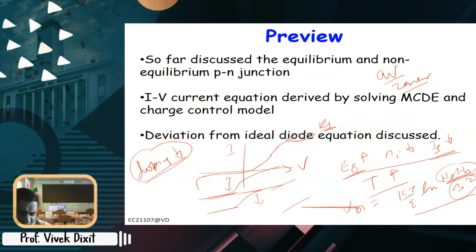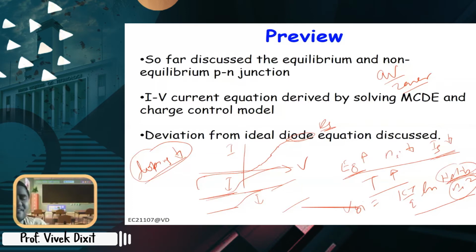Not exactly. The diode is destroyed when current is very high. These breakdown mechanisms are used to control the current. See, for a Zener diode, it can use Zener breakdown, of course, and it also uses avalanche breakdown.